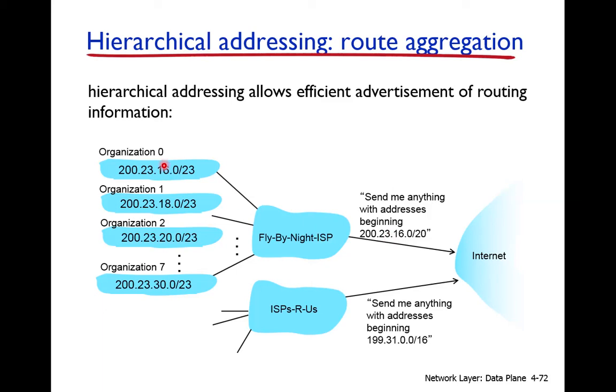Here we have, for example, 100 addresses, but for all these 100 addresses we have to store only one common prefix in the routers of the internet. Then when the packet comes here, it will decide whether this packet is for this address or this or this.